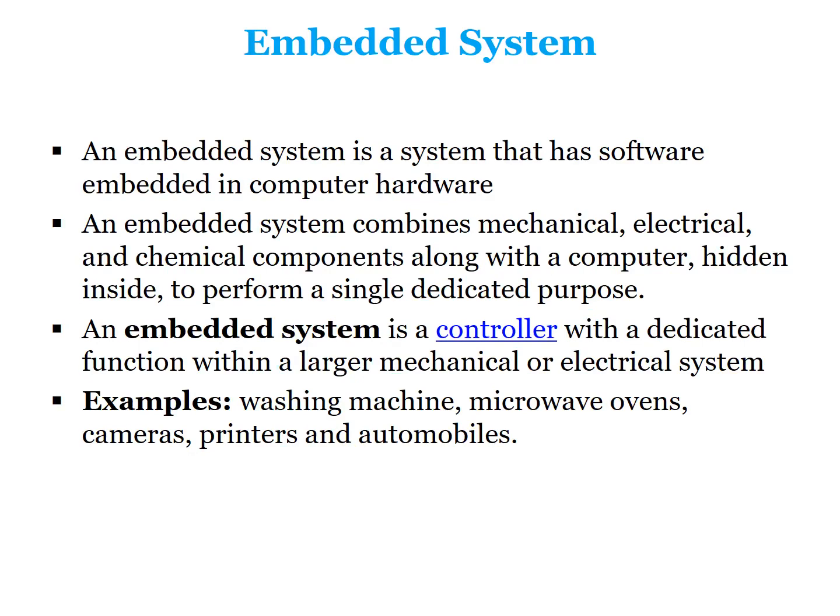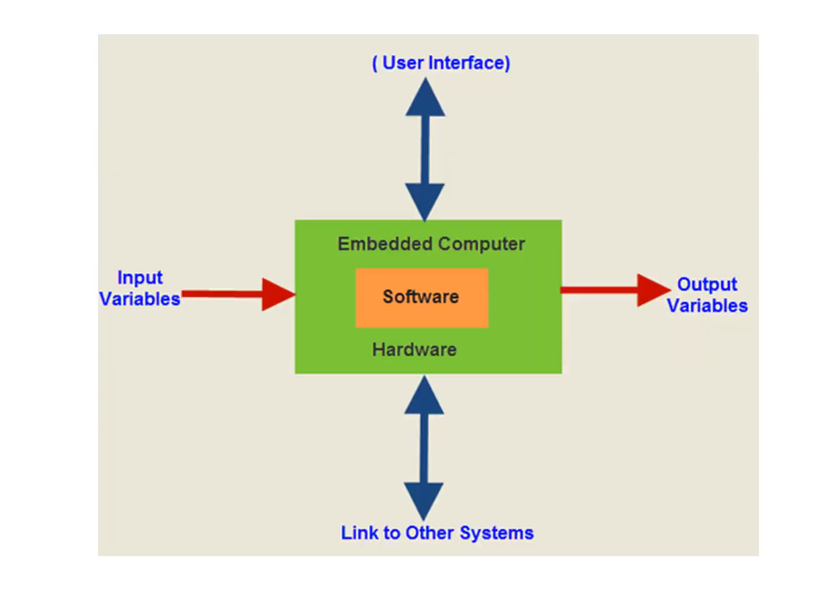This is the basic block diagram of the embedded system. Two main things, input variables and output variables, are present in the embedded system. Then, the user interface is the two-way communication between this embedded system and other systems which get connected to it.